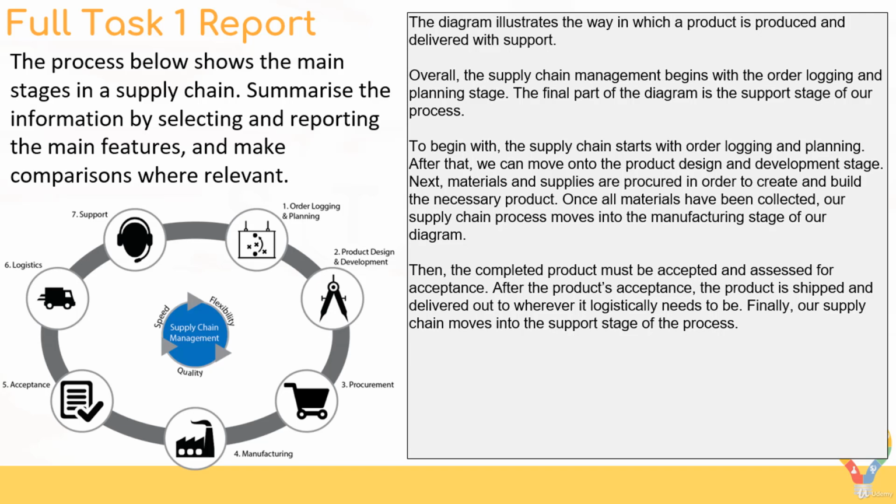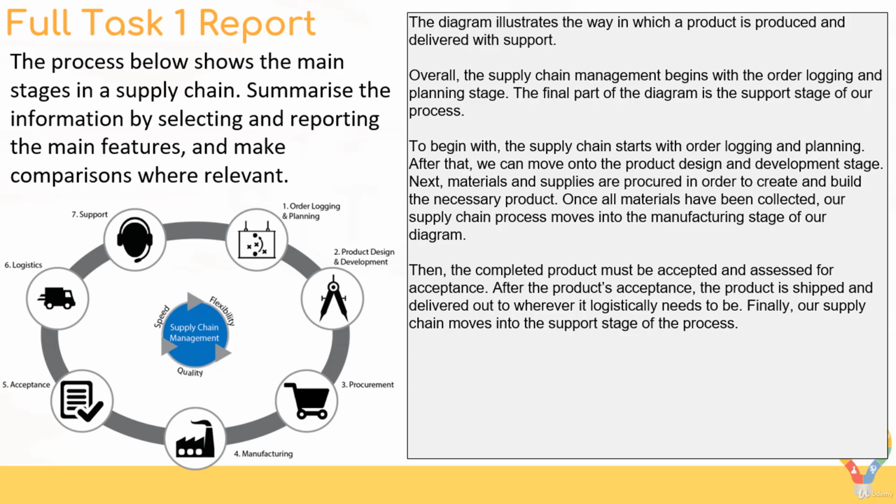After that, we can move on to the product design and development stage. Next, materials and supplies are procured in order to create and build the necessary product. Once all materials have been collected, our supply chain process moves into the manufacturing stage of our diagram.